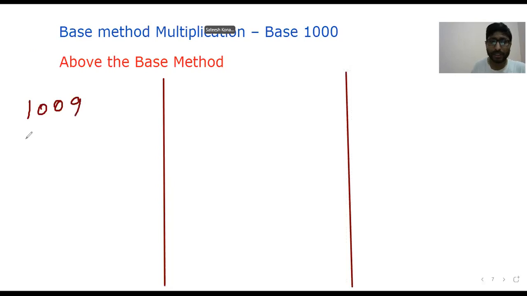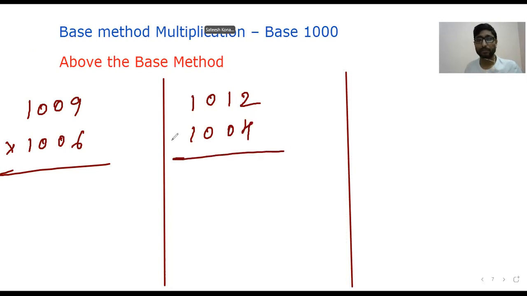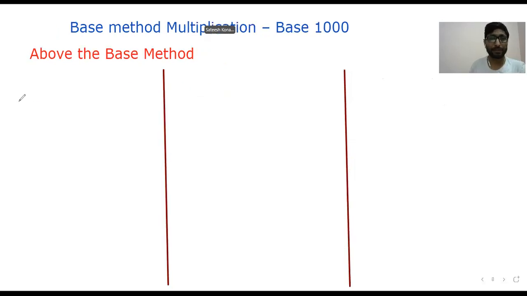1006, 1009 multiplied with 1006. Okay, 1012 multiplied with 1005 or 1006. Or 1005 will write, or 4 will write. Okay, and 1014 multiplied with 1005 will write. Here we'll take big numbers. 1022 multiplied with 1014.